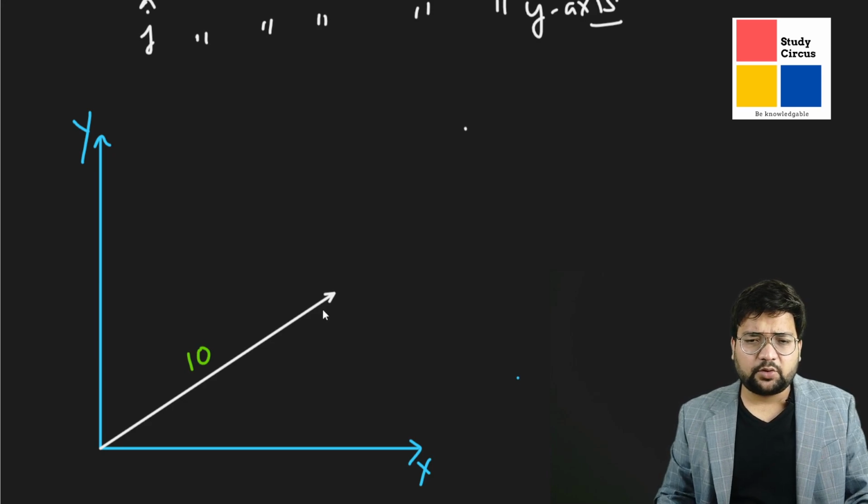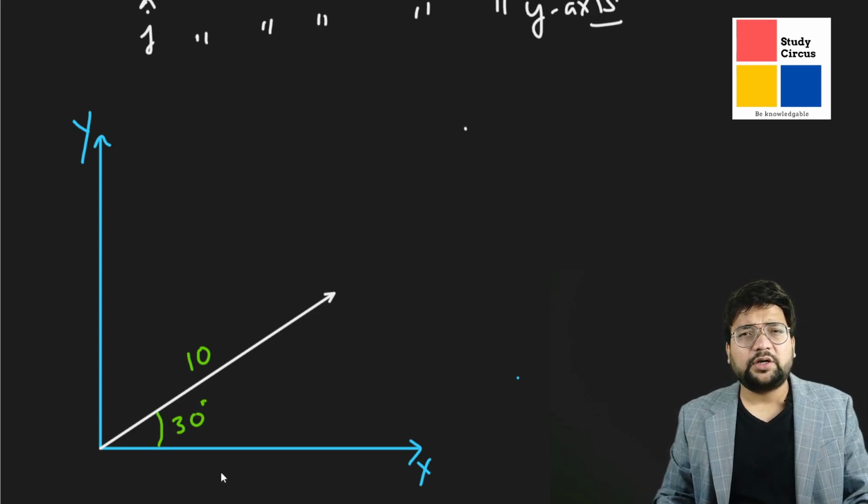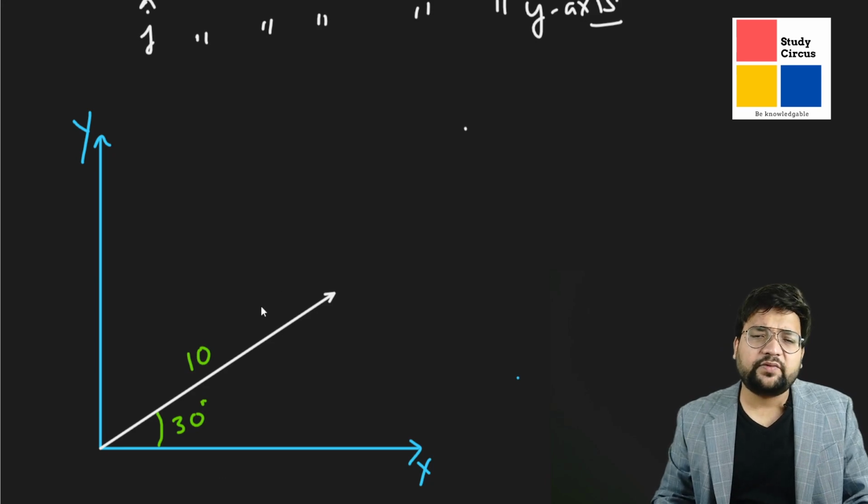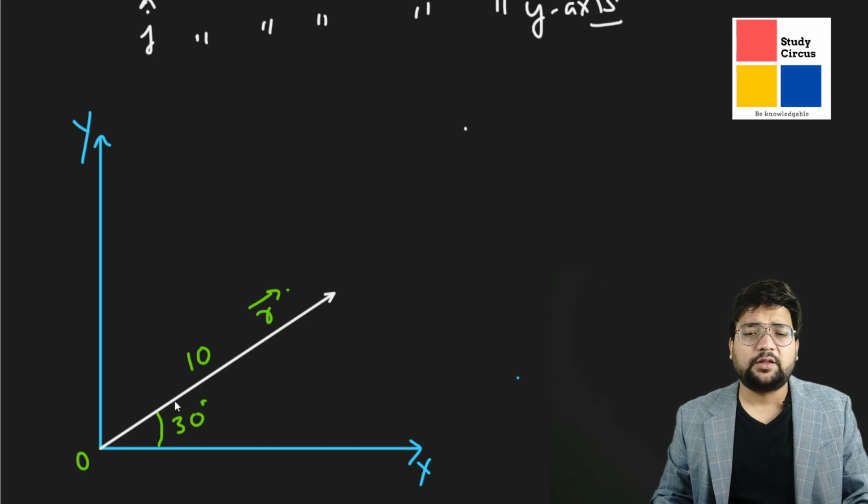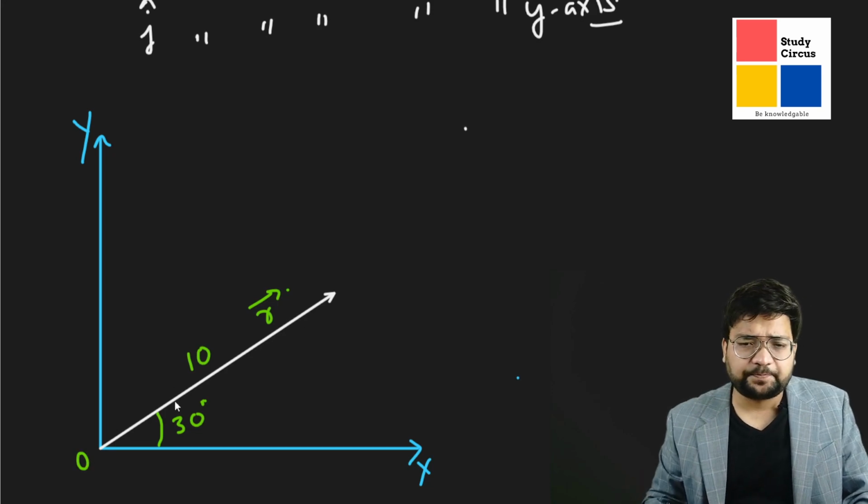And let's say it is at an angle of 30 degrees with the x-axis. Let's say the name of the vector is r, okay?